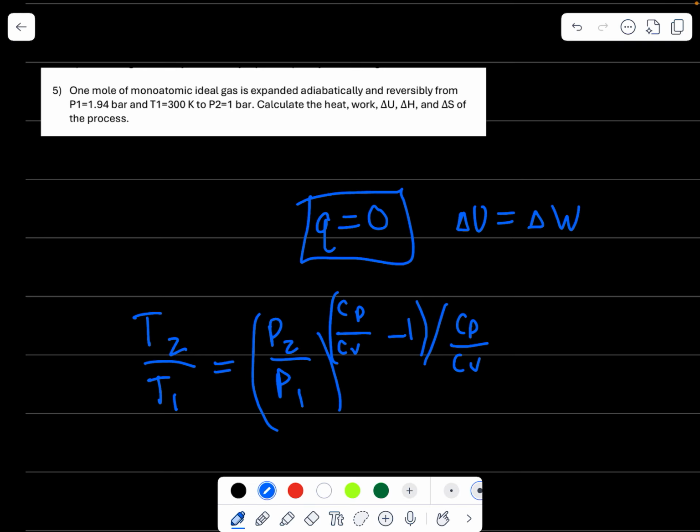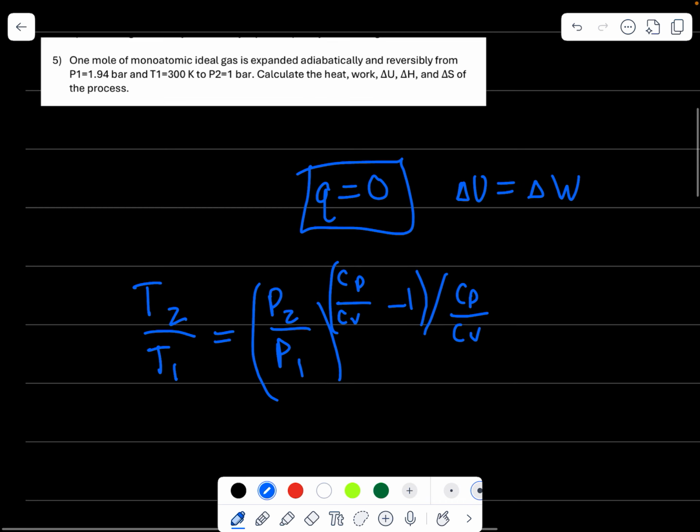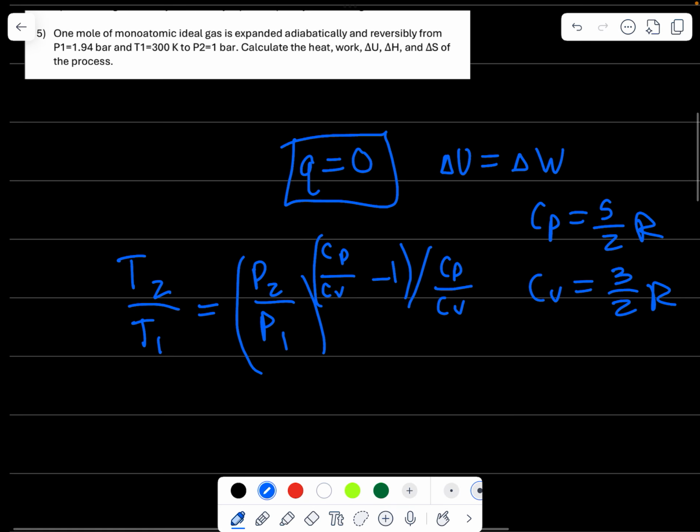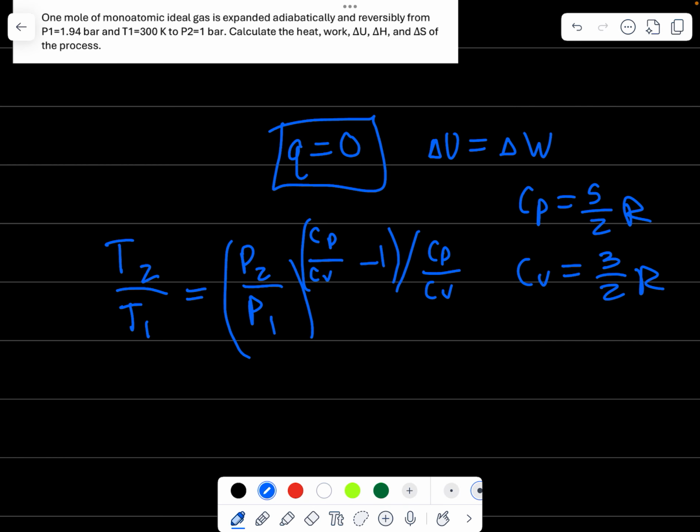All right. So now that we have this equation, we can start plugging in numbers. For a monatomic gas, our Cp value is going to be 5 over 2 R. Our Cv is going to equal 3 over 2 R. So we want to isolate for T2 here, which is one value that we are not given in this equation.